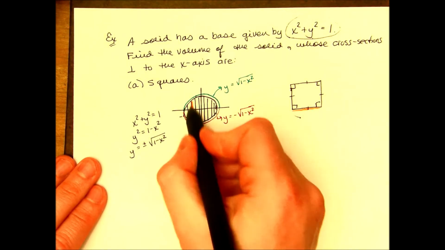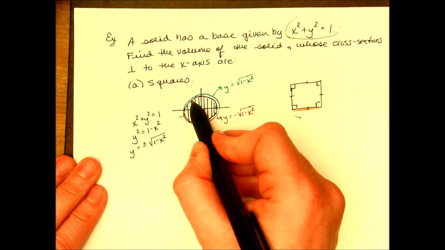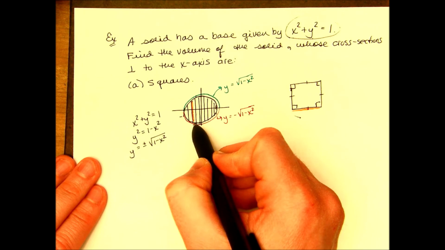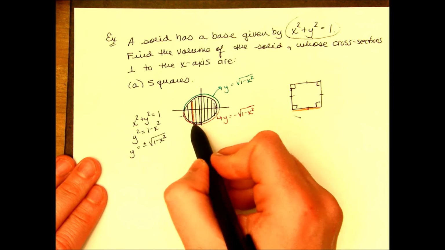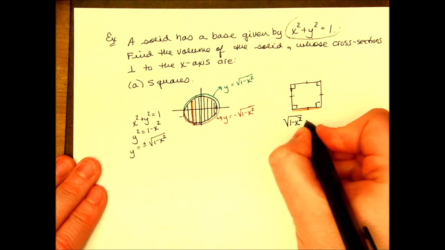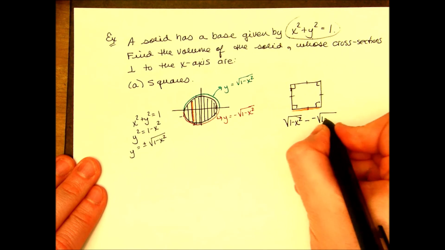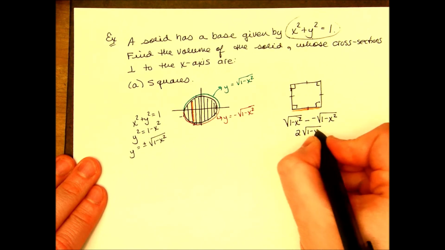So what's the length of this strip, the length of the base? I need to just do the top function minus the bottom function, same thing I did with area between two curves or volumes of solids of revolution. Top minus bottom is the square root of 1 minus x squared minus negative the square root of 1 minus x squared, or just 2 times the square root of 1 minus x squared.